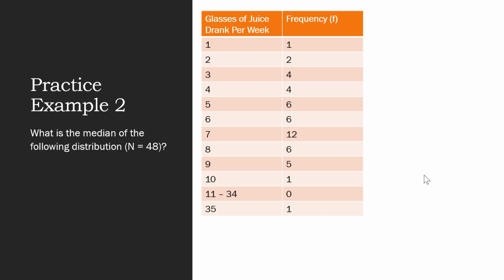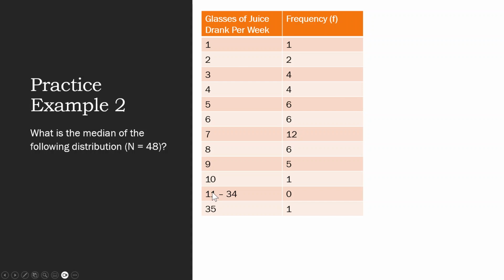I have another data set here, and this is a much smaller data set because I want to calculate my median here by hand. In this data set, I have the number of glasses of juice individuals in a sample drank per week. I do want to make a note here that sometimes, to simplify our data set, we can group some of these observations together.